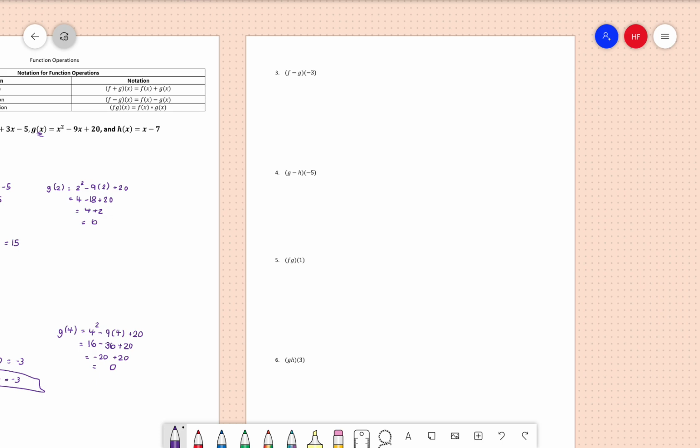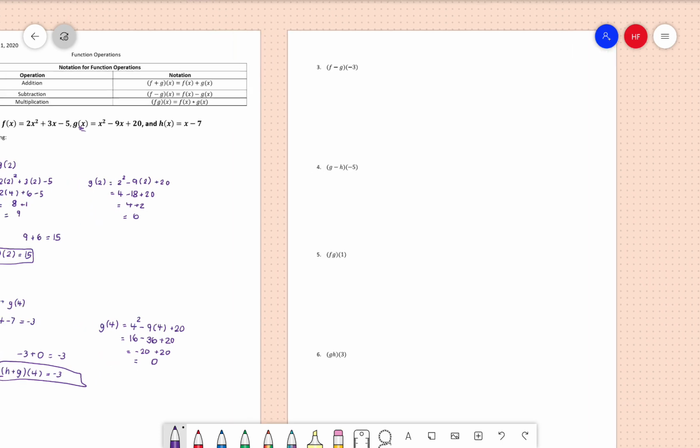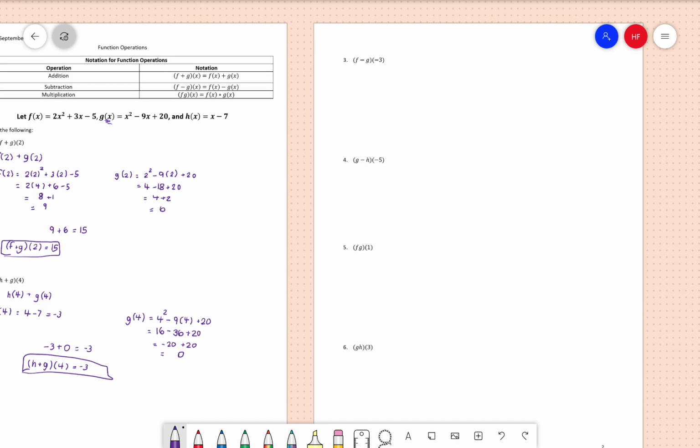Alright, here we've got f minus g of negative 3. So f of negative 3 minus g of negative 3. We're just looking right here at this table. So f of negative 3, we're going to replace a negative 3 every time we see x. So 2 times negative 3 squared plus 3 times negative 3 minus 5.